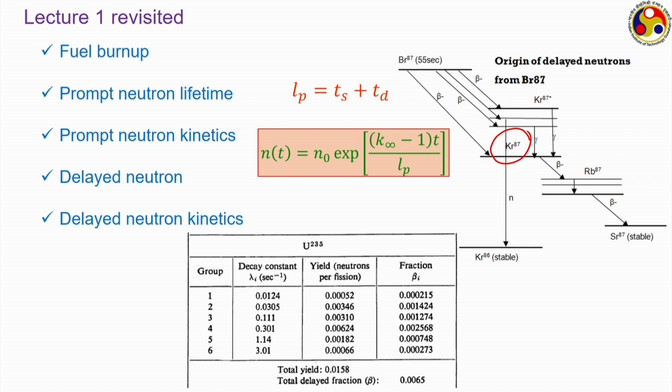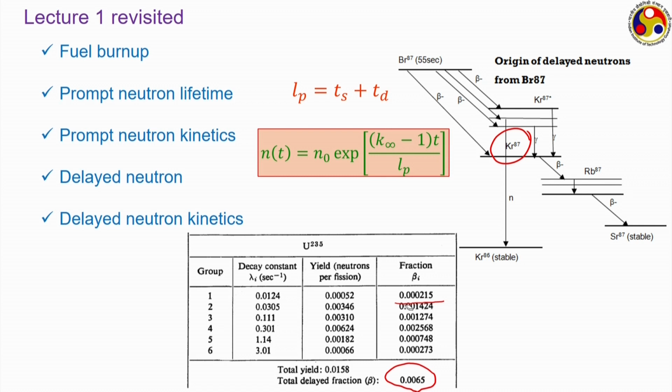For uranium 235, the first group has a value of beta, which is a fraction corresponding to this group divided by the total number of neutrons, prompt plus delayed, that may appear following a single fission. It is extremely small. You can see for the first one it is just 0.000215, and the total delayed neutron fraction is 0.0065 for uranium 235.